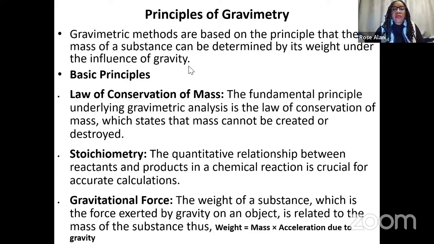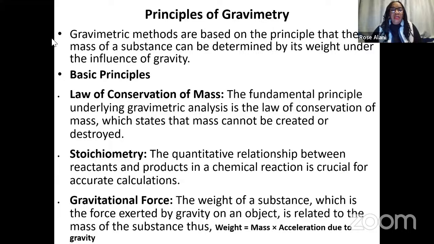We want to look at the principles of gravimetry. It is based on the principle that the mass of a substance can be determined by its weight using the influence of gravity. We have some basic principles, which are: one, the law of conservation of mass, which states that mass cannot be created or destroyed.